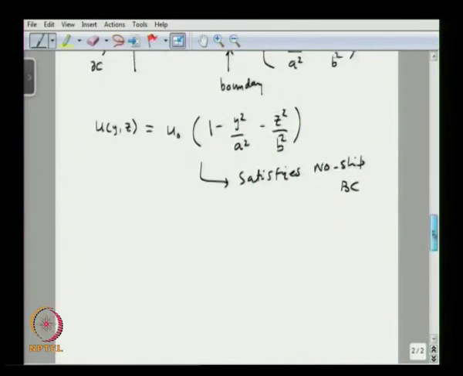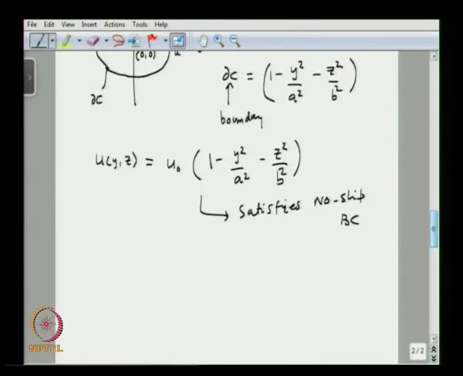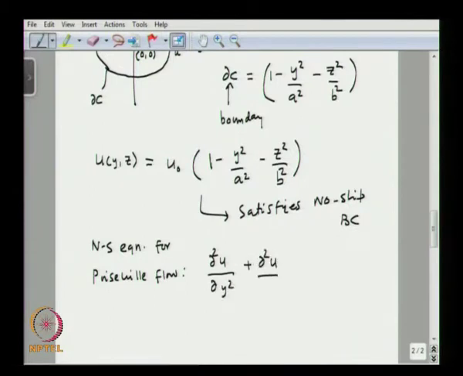Okay. So, now if you substitute this in the general equation, so the Navier-Stokes equation for Poiseuille flow that we derived. So, that was del square u over del y square plus del square u over del z square is equal to minus delta p over eta L. Okay.